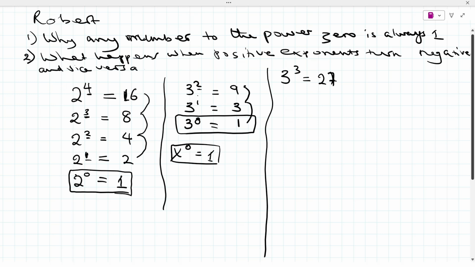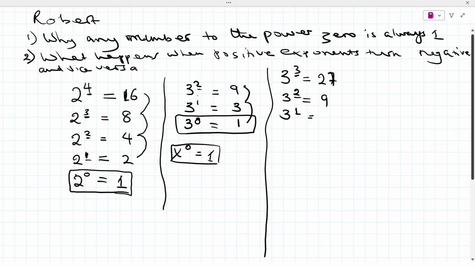Now let's reduce the power by 1. It will become 3 to the power 2. This would mean 3 times 3, which is 9. Now let's reduce the power by 1 again. We will then have 3 to the power 1.